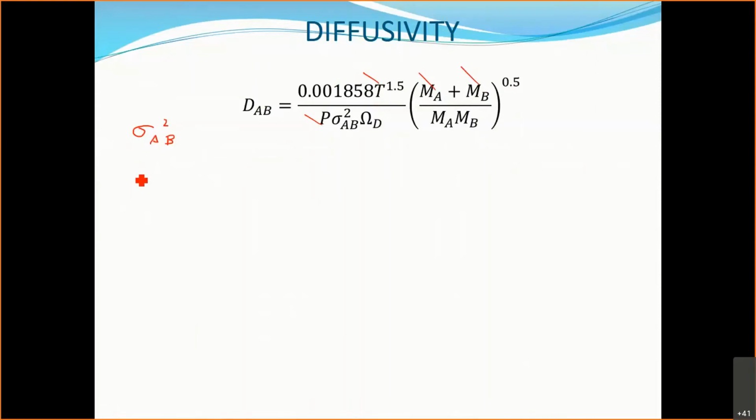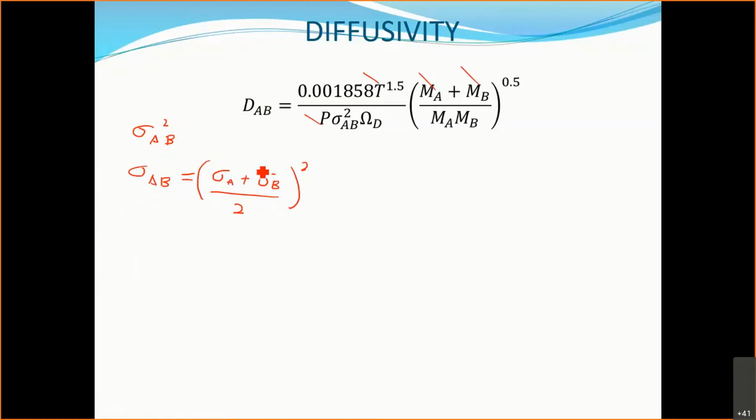In order for you to find the value of sigma AB, you just find the value of sigma A plus sigma B over 2. So you get the value of sigma AB. If you want sigma AB squared, you just square this. So this is simple and direct.